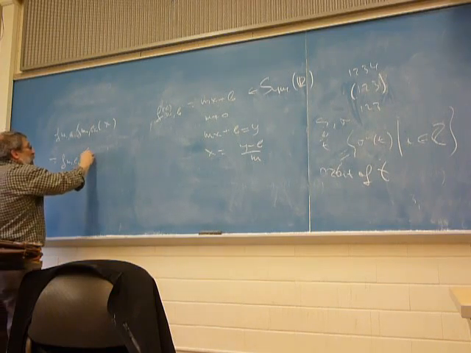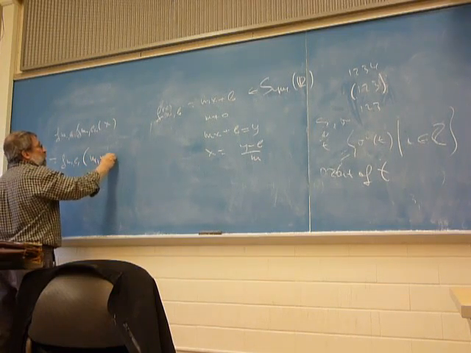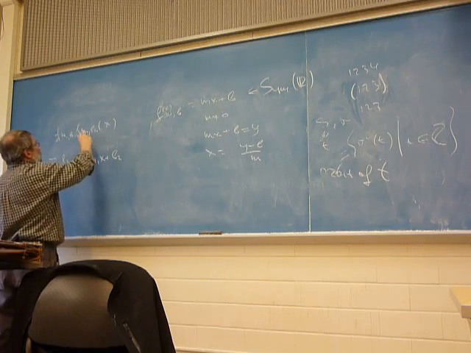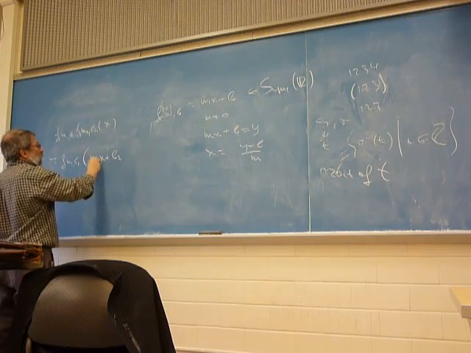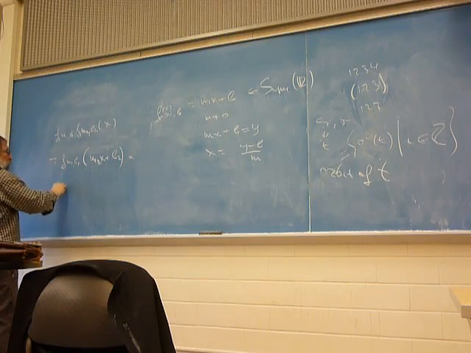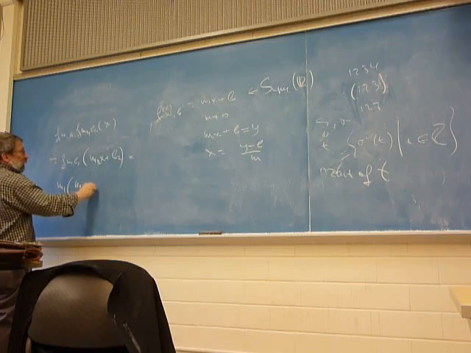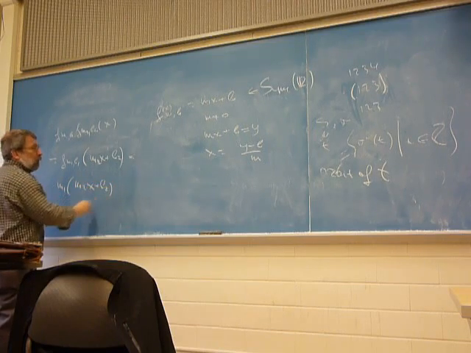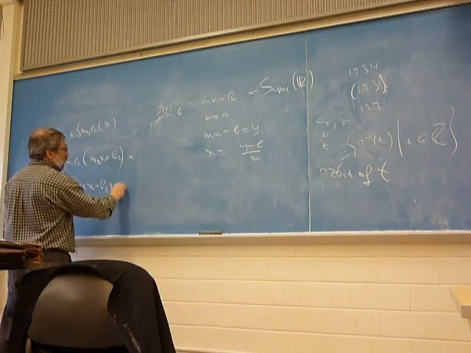M1(M2x + B2) plus B1: the input should be multiplied by M2, then by M1, and then B1 should be added.